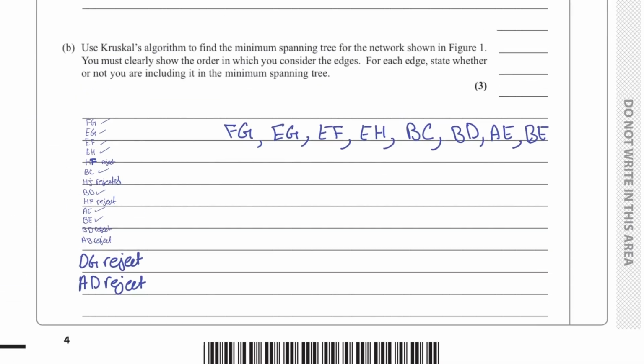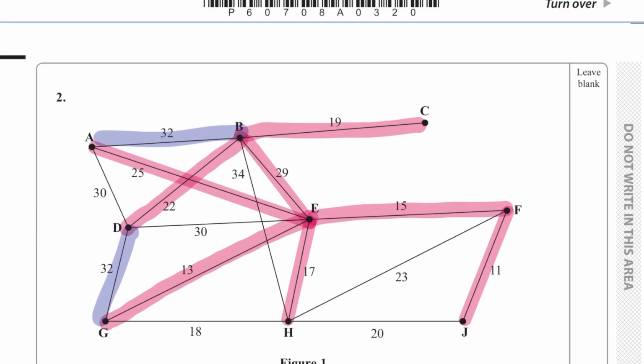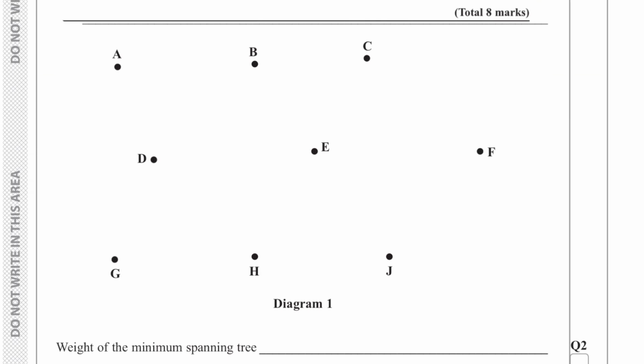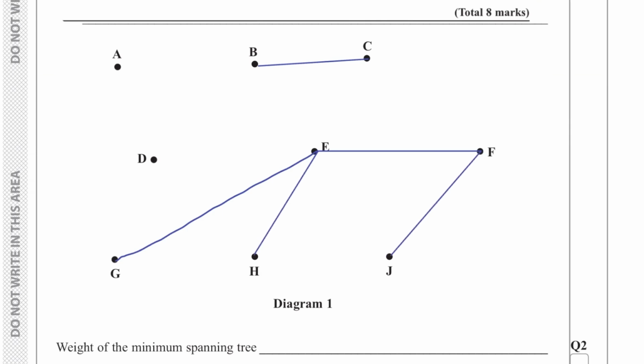So basically, I'm just going to look over what I've highlighted and copy it down there. This is going to go with this. B is going to here. This is going to go here. This is going to go here. Try to make your lines clean. You don't have to use a ruler, just keep them clean. And then I think this one's here. Here. Here. AB was rejected.